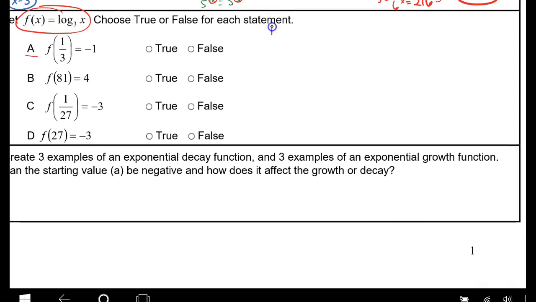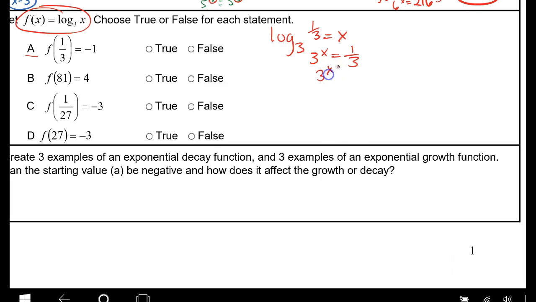So I'm going to plug in log base 3 of 1/3, and we're going to do the same thing. I know this is equal to some number, which we'll call x, and then we'll rewrite it as 3 to the x equals 1 over 3. If I want the same base, but I have a fraction here, remember, if I flip the fraction, then the exponent becomes negative.